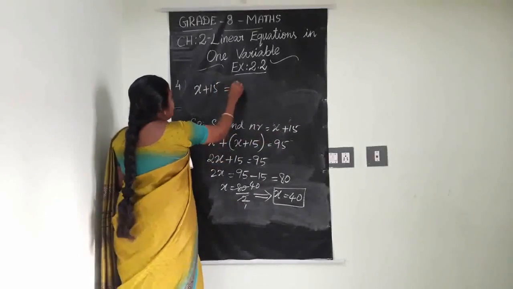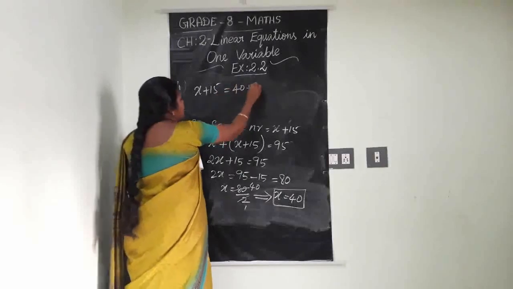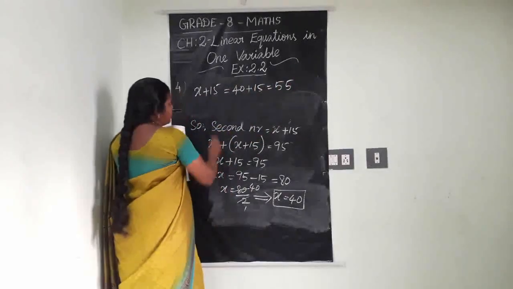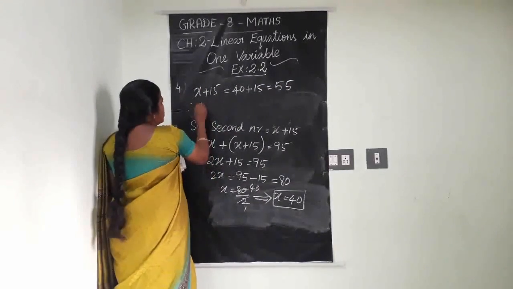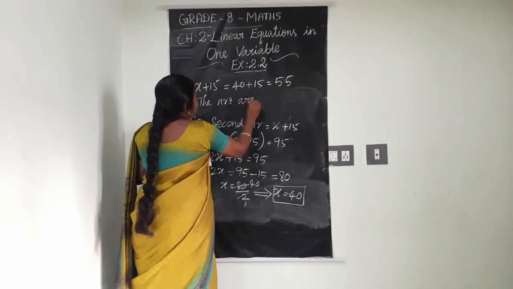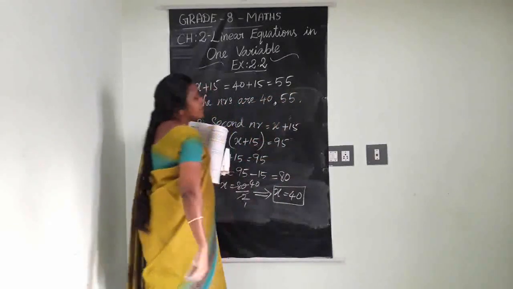So x plus 15, with x value 40, means 40 plus 15, nothing but 55. So we can tell the two numbers are 40 and 55. Clear, children?